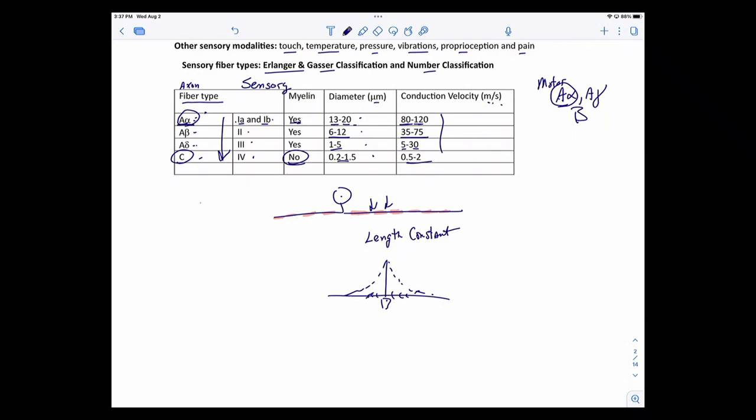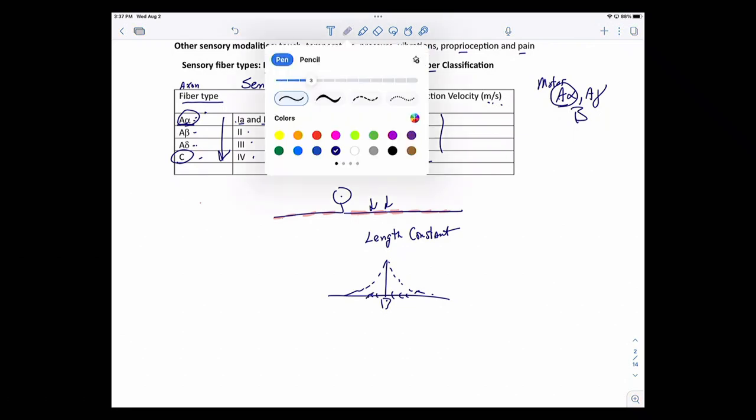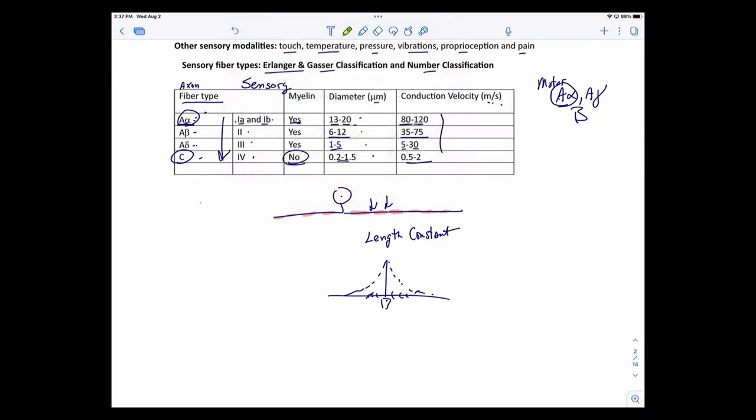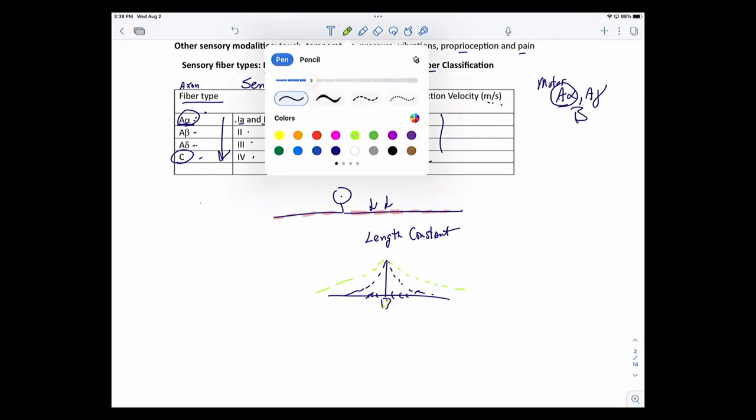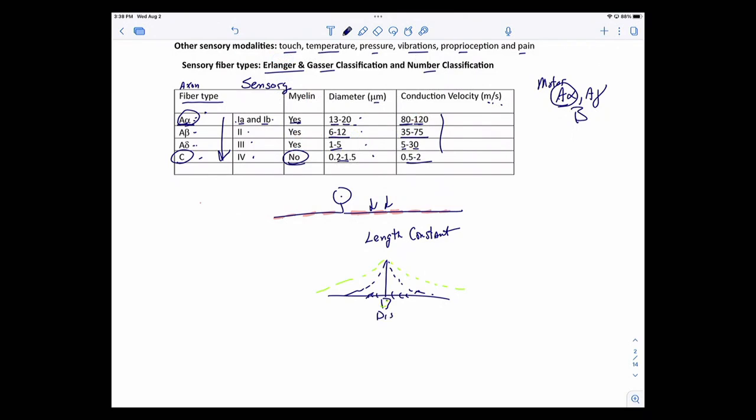The better the insulation of the membrane, the better the length constant. So if I have a really well insulated membrane, then the effect of the battery is felt at greater distances from the original battery depolarization. That's the length constant.